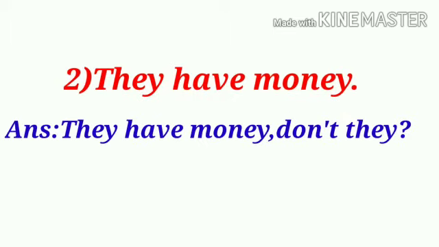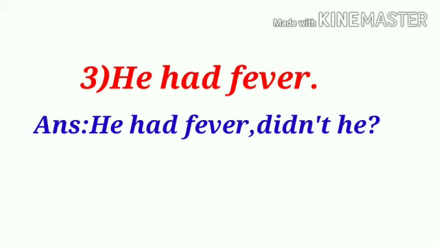They have money. Here, have is the main verb and there is no other auxiliary verb. So, we are going to use don't. So, the answer is they have money, don't they? He had fever, didn't he?